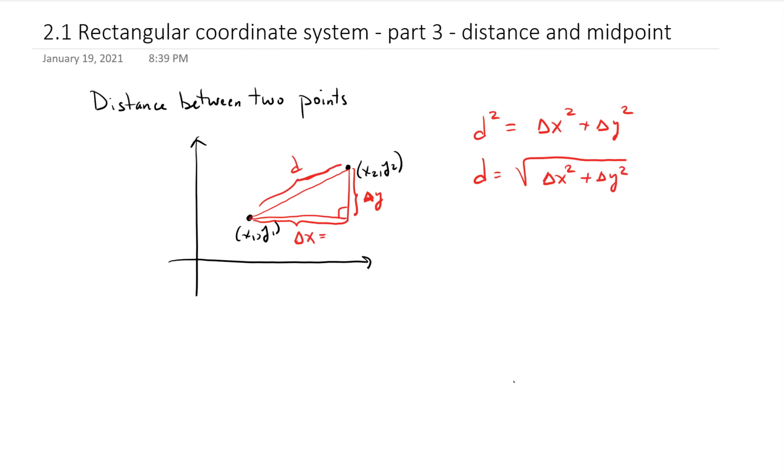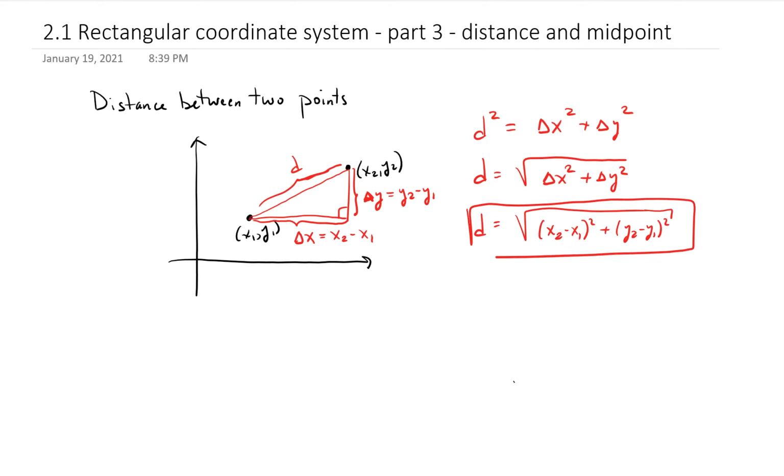Like I said, it's a change in x, so it would be the largest of the x coordinates minus the smallest one, and delta y would be y1 minus y2. Okay, and if you replace in here, we get a formula. So x2 minus x1 squared plus y2 minus y1 squared, square rooted, is the distance. So it's just the Pythagorean theorem.